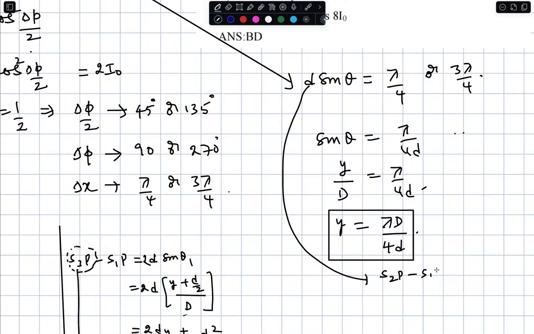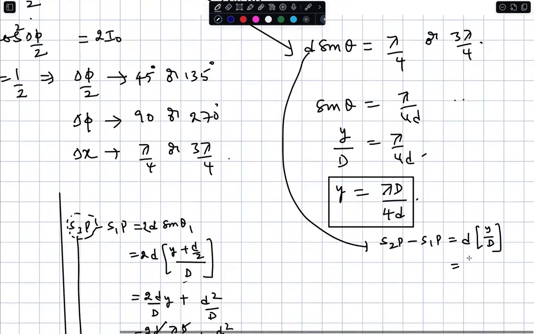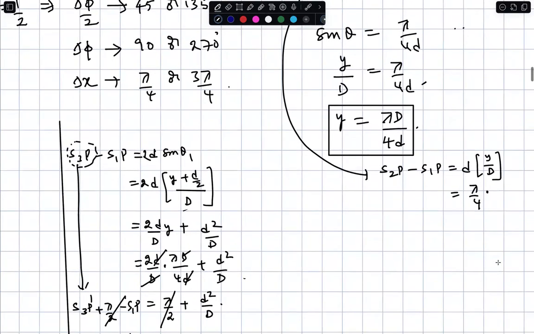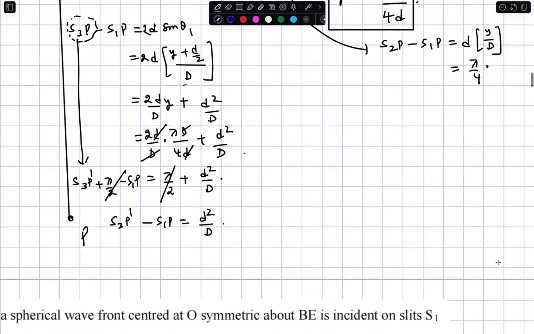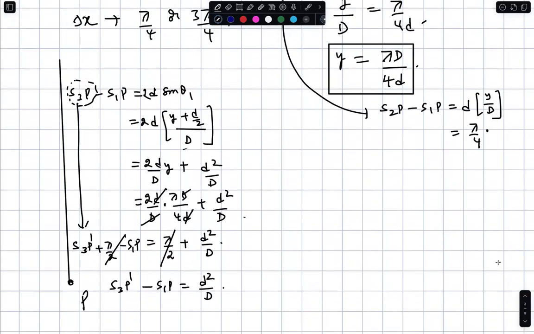S2P minus S1P is d sine theta, meaning d times y by capital D, and this is nothing but lambda by 4. So S2P minus S1P is lambda by 4. S3P dash minus S1P.